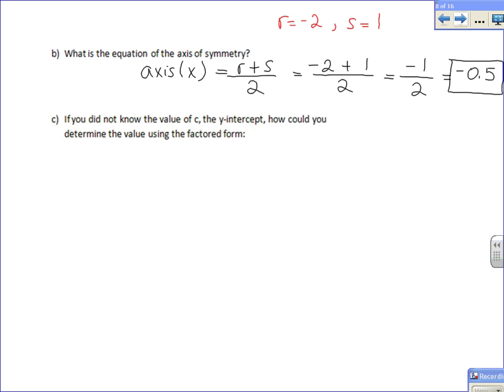There's my answer. So my axis of symmetry is the line x is equal to -0.5. That's the vertical line that runs right through my parabola, and it splits the parabola into two equal parts.